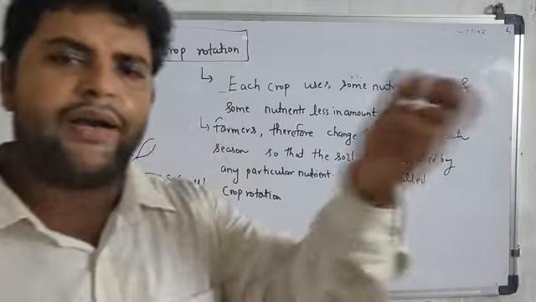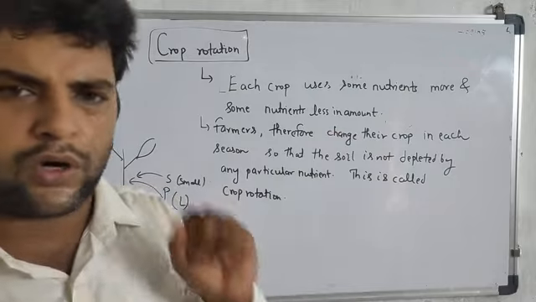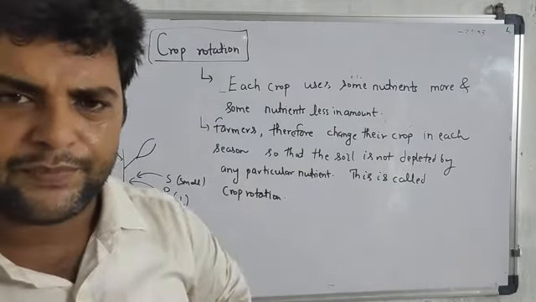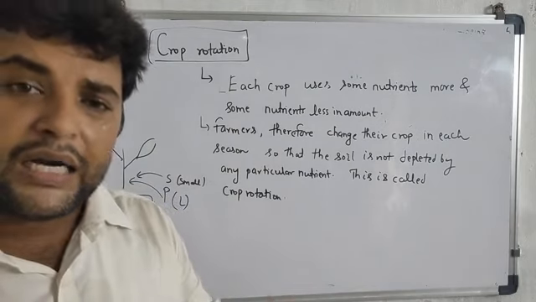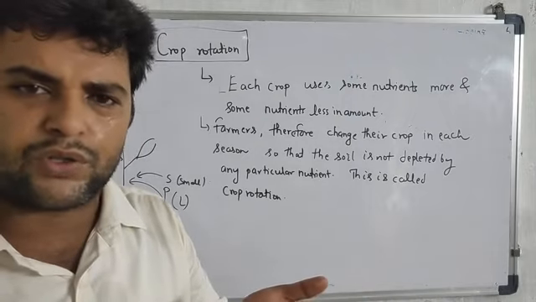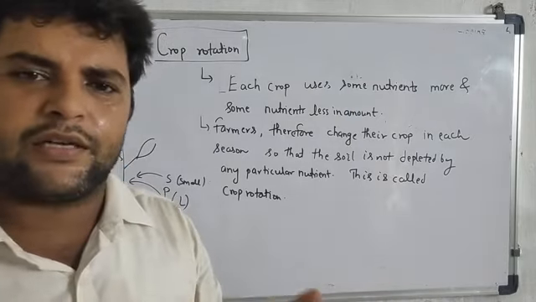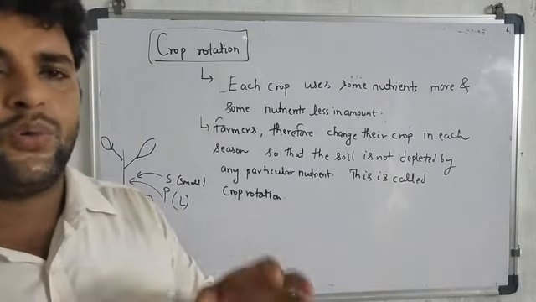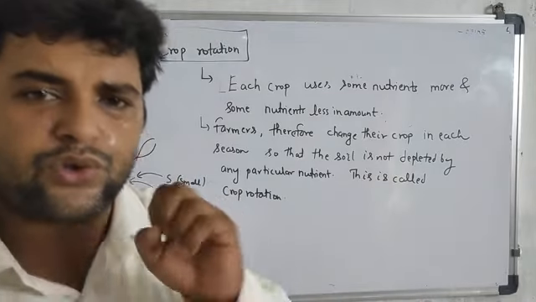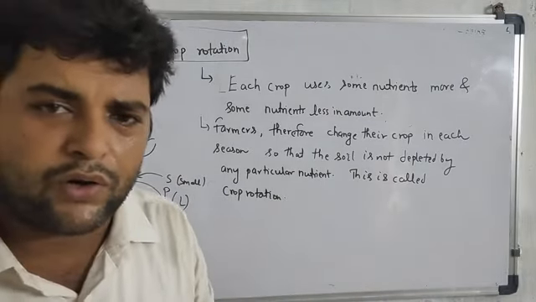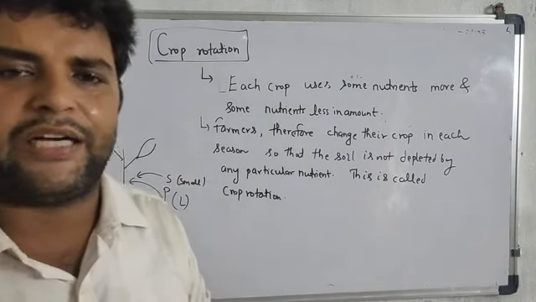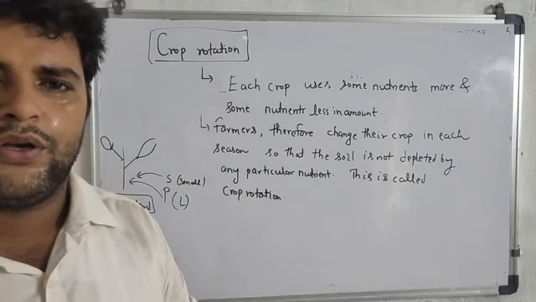Suppose in the next season, in the month of October or November, we again are going to cultivate what? Paddy. Then ultimately once again lots of nitrogen will be taken from the soil, and in another season we are going to cultivate paddy. So what is going to happen is that there will be a depletion of nitrogen all over our land. This means there is scarcity of nitrogen in our land.